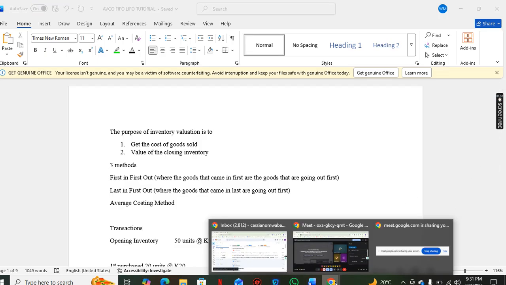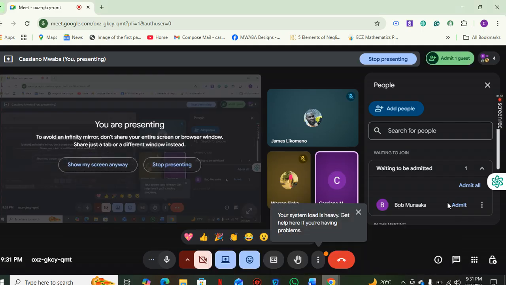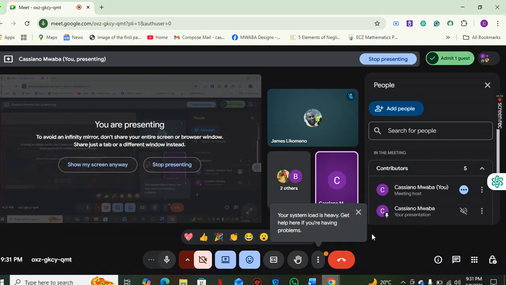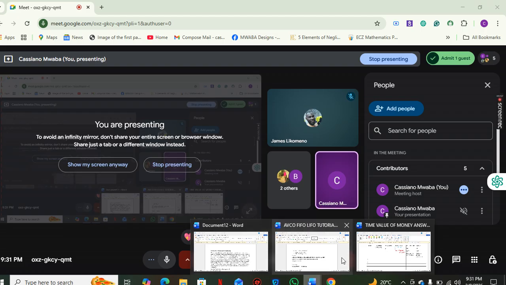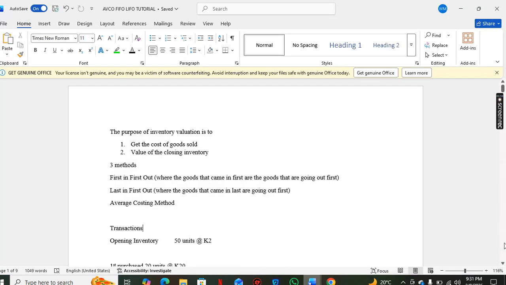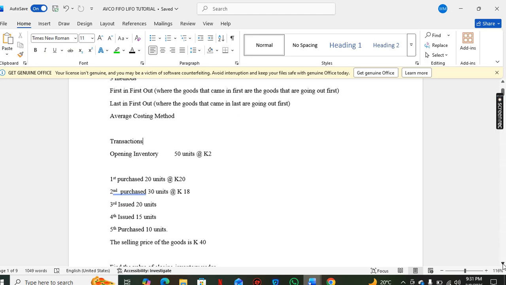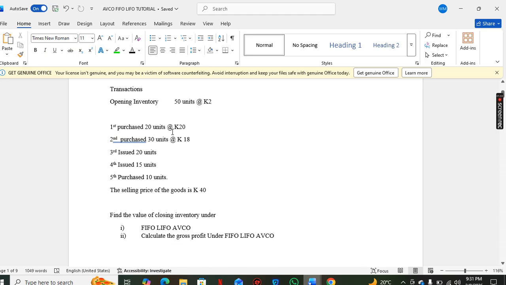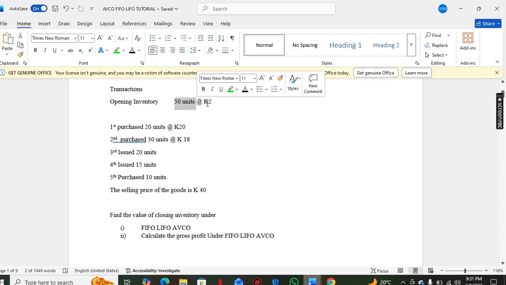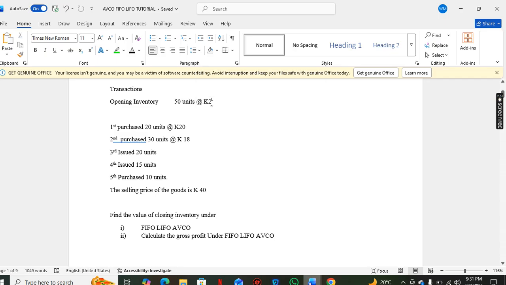So, I'm going to do this question here. Alright. So for a certain company, we've got this information here. It tells us the opening inventory is 50 units that were valued at 20 kwacha. Then these are the transactions here.